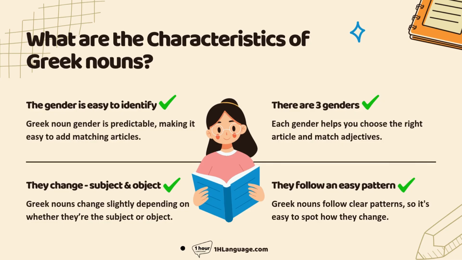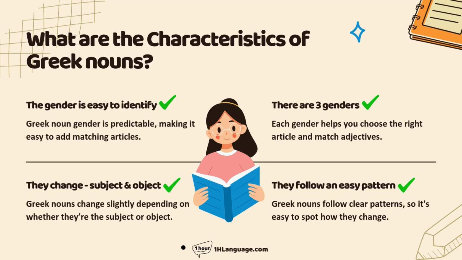Now let's talk about the characteristics of Greek nouns. Understanding these will help you learn vocabulary faster and more accurately. First, the gender is easy to identify. Greek nouns follow predictable patterns, which makes it simple to match the correct article. Secondly, there are three genders: masculine, feminine, and neuter. Knowing the gender helps you pick the right article and match adjectives properly.